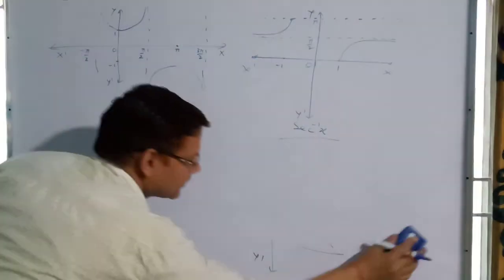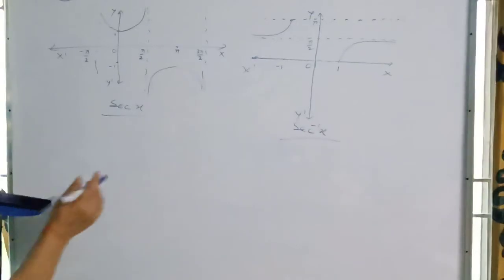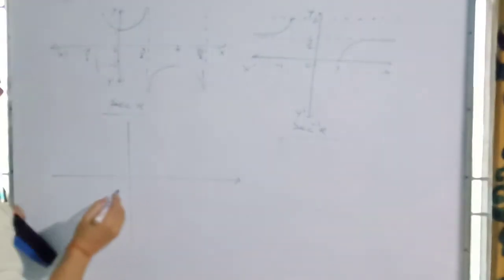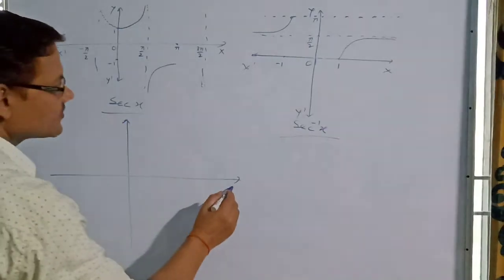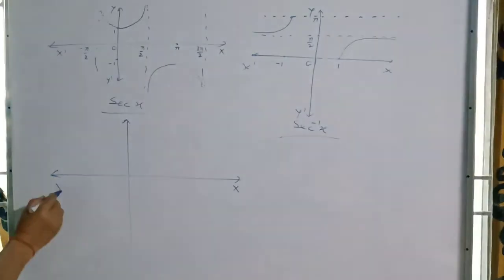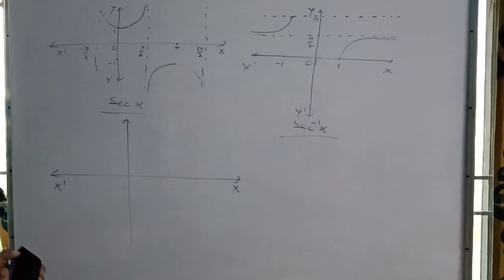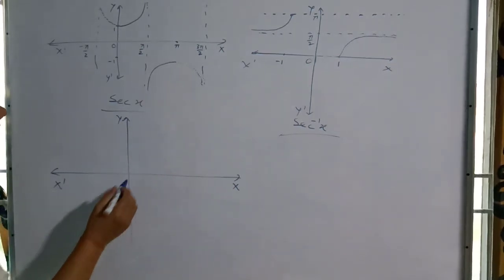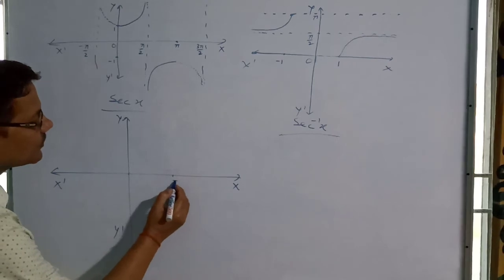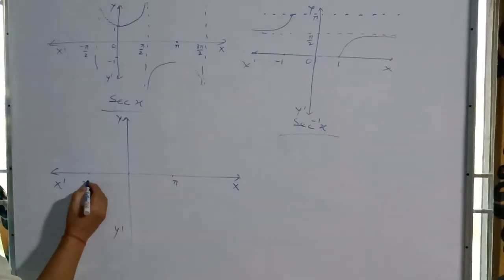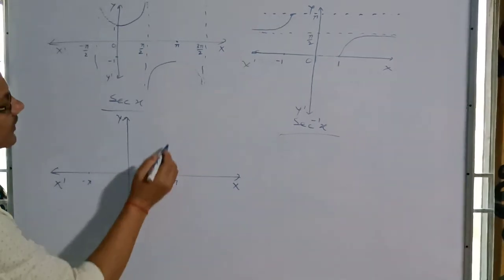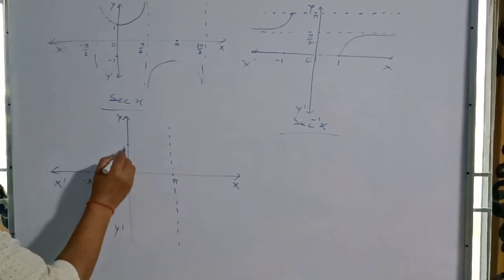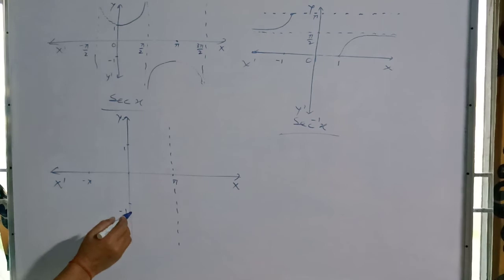Last one. Now this is the graph of cosec x, and the principal value branch of cosec x is minus pi by 2 to pi by 2. So this is 0 to pi and 0 to minus pi, this is 1, this is minus 1.